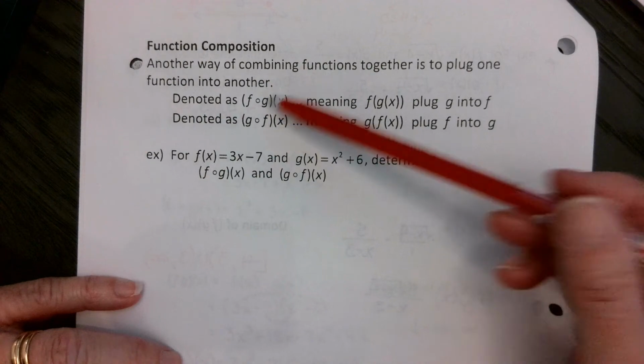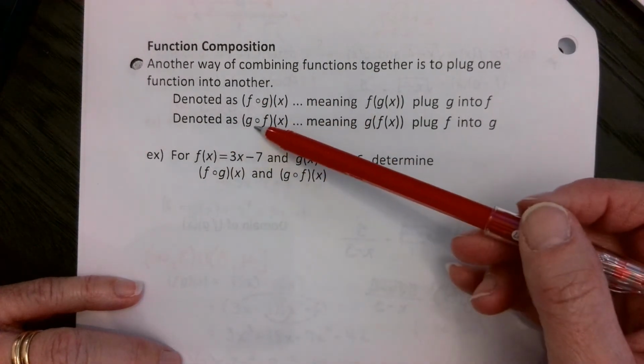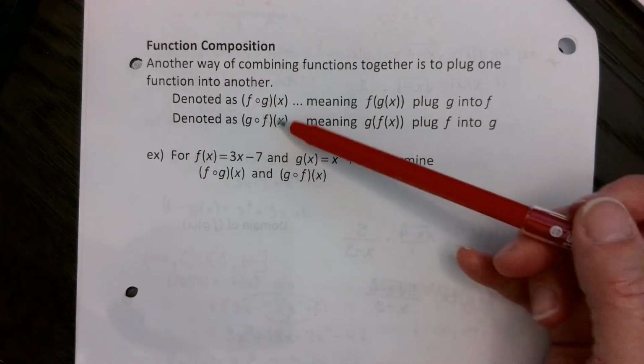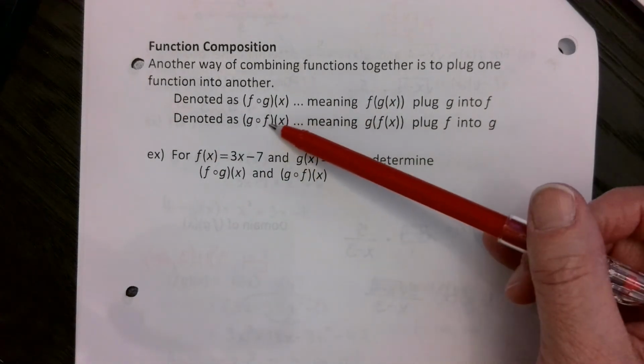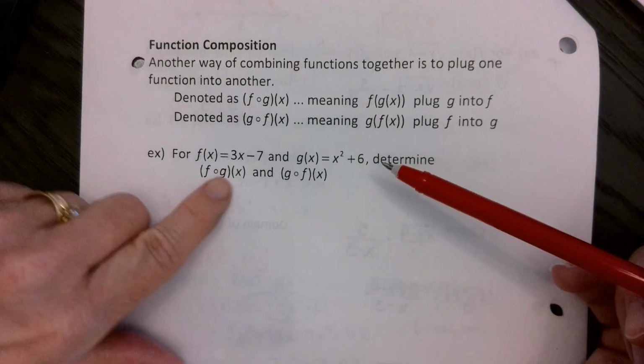Basically, you're taking your g and plugging it into f. If it's denoted this way, it's g open circle f of x, meaning g of f of x, where you take your f of x and plug it into g. Okay, so we've got two things here.